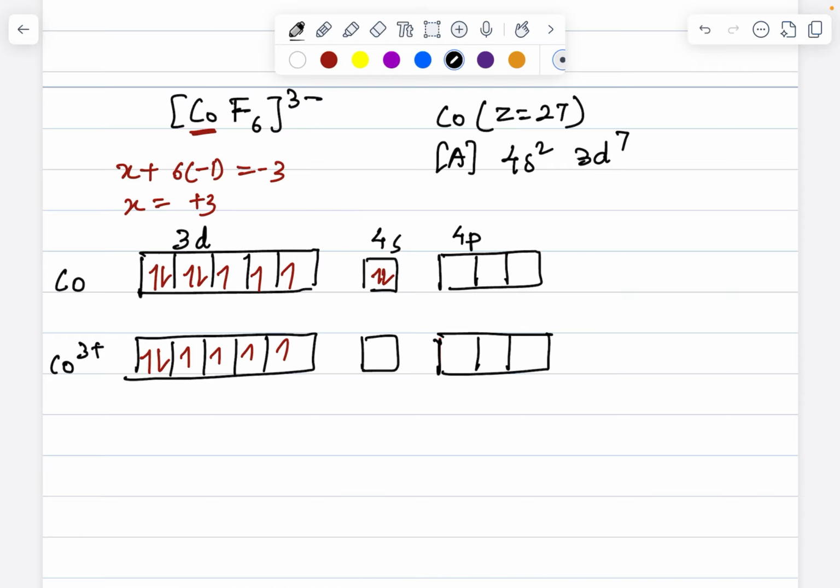Now fluorine is a weak field ligand. Whenever it is a weak field ligand, pairing doesn't take place, right? I have to write 4d also over here, because some orbitals of this d I will have to use.